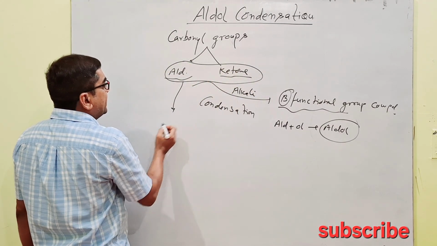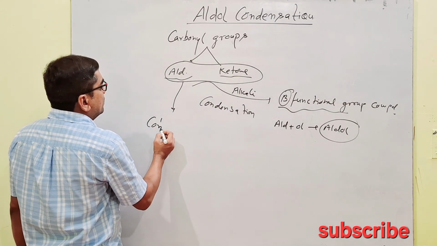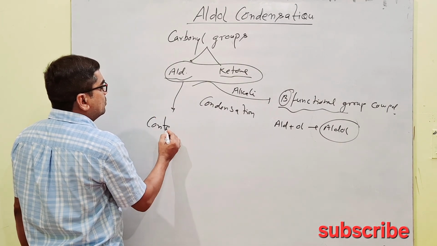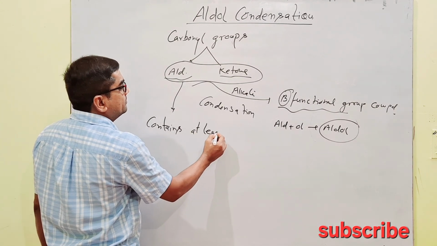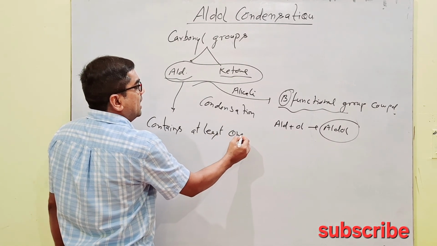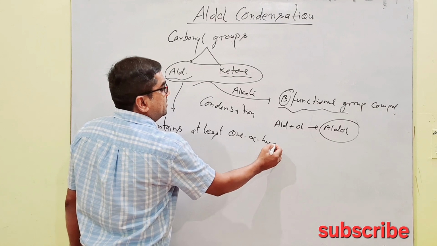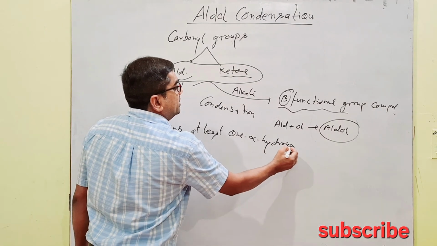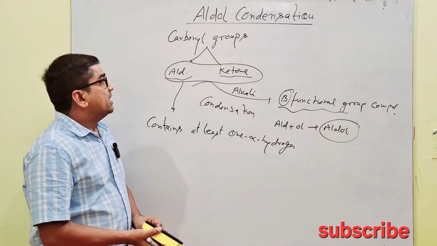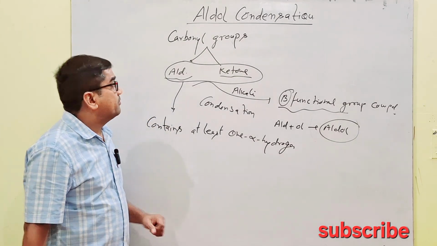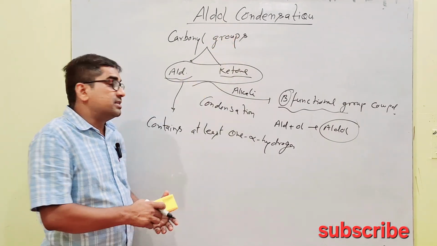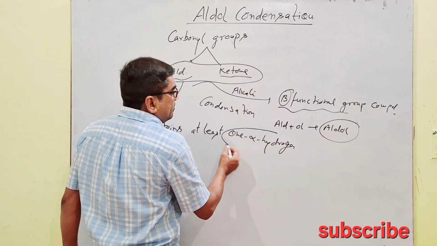Those aldehydes and ketones that contain at least one alpha hydrogen. Previously, in the haloform reaction, we discussed 3 alpha hydrogens, but for aldol condensation just 1 alpha hydrogen is needed.